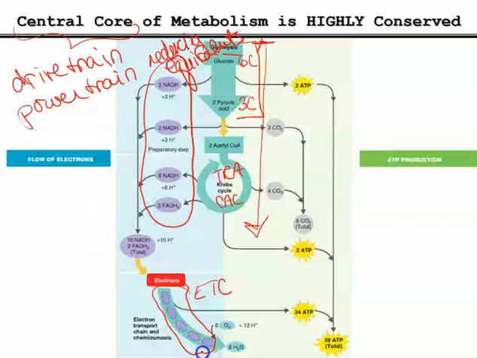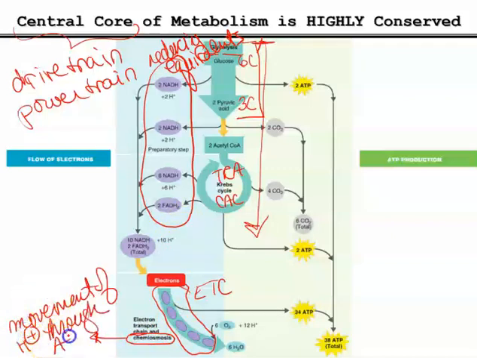The electron transport chain then builds a hydrogen ion gradient, and the hydrogen ion gradient is used to run ATP synthase, which generates for us ATP. Do you see here chemiosmosis? Chemiosmosis refers to the movement of hydrogen ions through ATP synthase.